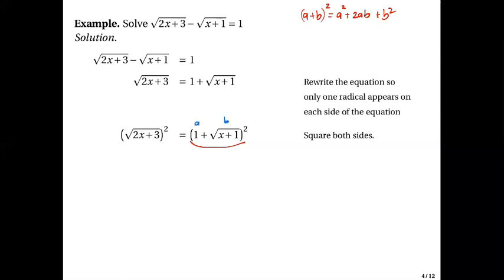So if we square this guy here, it's just 1 squared, plus 2 times a times b. So 2 square root of x plus 1 plus square root of x plus 1 quantity squared, correct? Or this guy here, 1 plus 2 square root of x plus 1 plus x plus 1.